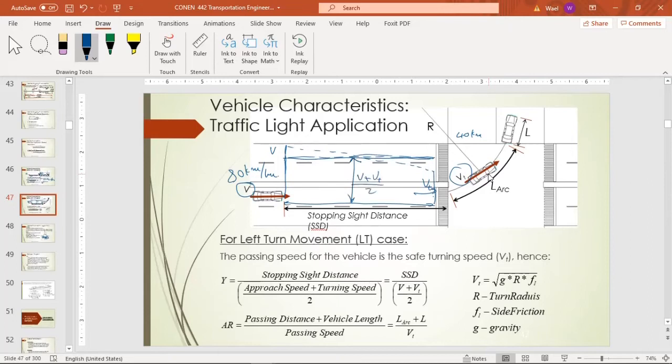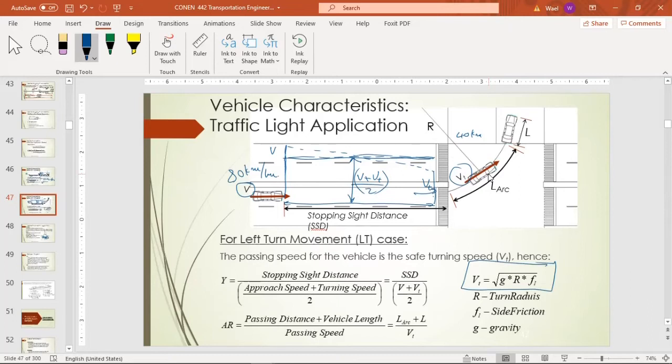So that's the average speed. The turning speed Vt we get from this equation, which is the square root of g, the gravitational acceleration, multiplied by R, the radius of the turning curve, and the side friction.